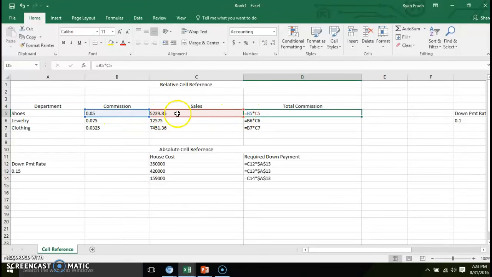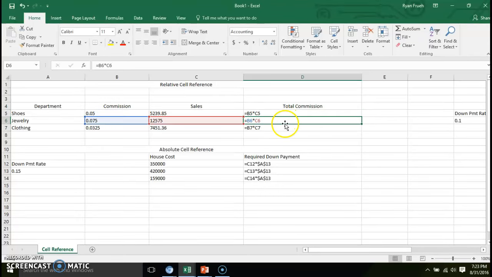Notice how it's relative, this computation is relative to 2 columns to the left as well as 1 column to the left. If I were to move down to the next total commission entry for the jewelry department, you'll notice again that the relative cell reference is 1 column to the left times 2 columns to the left to get that computation.